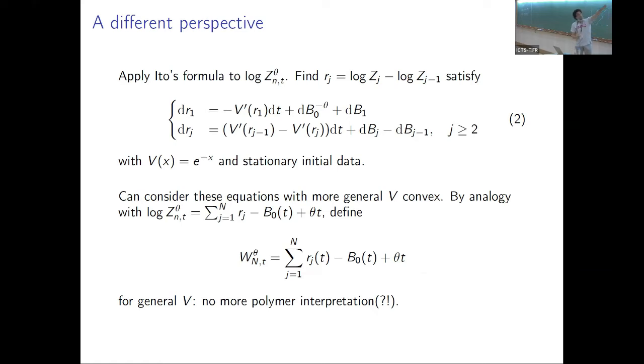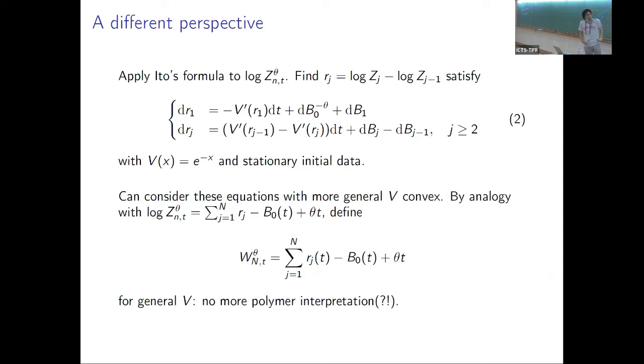This is what I called log of Z_0. Remember, it's the increments that are stationary, not log Z(n, t) itself. And for notational convenience, we wrote log of Z_0(t) to be B_0(t) minus theta t. So this expression in terms of the R_js, that's what the O'Connell-Yor partition function is.